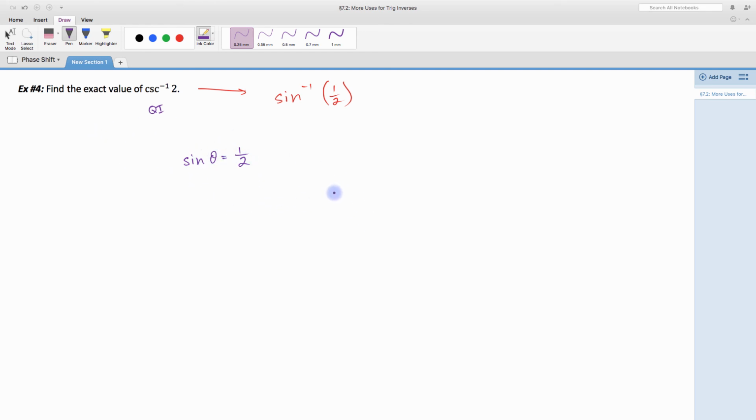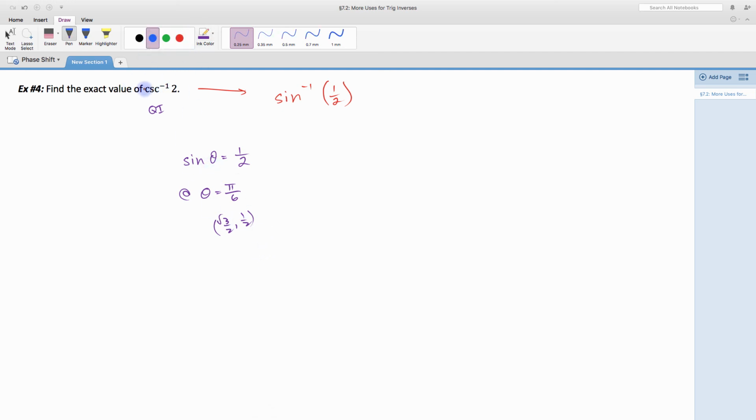So if we look at your unit circle, you would see that this occurs at theta equaling pi over 6. So when theta is pi over 6, or 30 degrees, the sine is 1/2 because it has ordered pair (square root of 3 over 2, 1/2). So 1/2 is the y-coordinate, which is the sine.